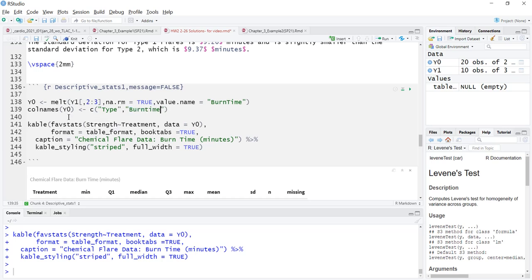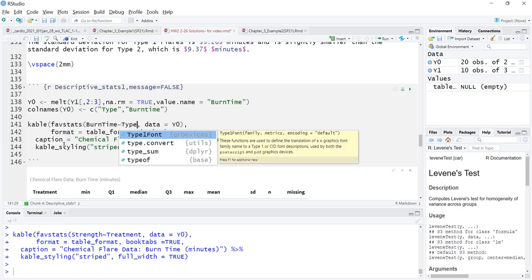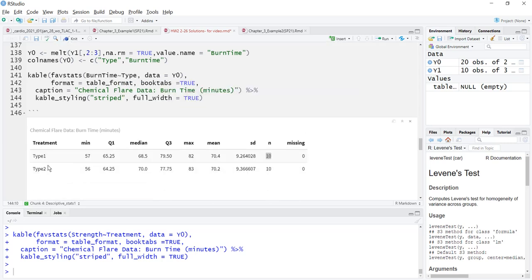So that when I melt the data, it's going to be okay. And then I have to change this to burn time by type. Right now it says treatment, type 1 and type 2.